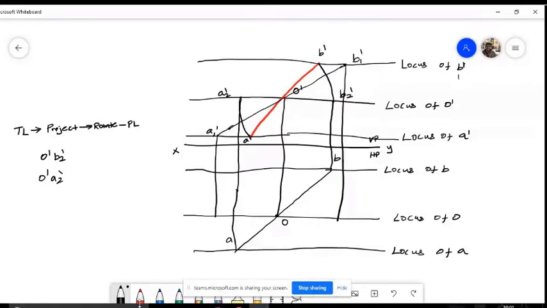So this will be B2 and this will be A2. With O B2 as radius, we will make an arc something like this, and here something like this. Am I right? Yes, sir. So you will get a line, and that will be the top view, AB.